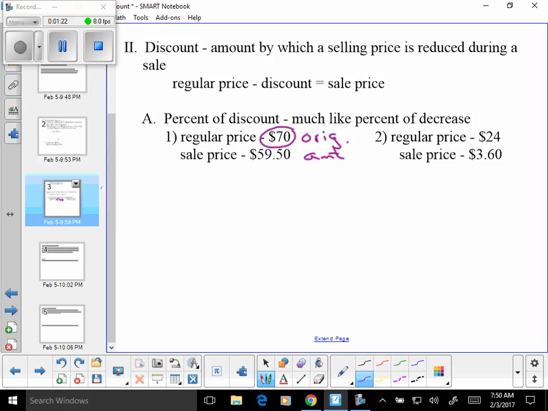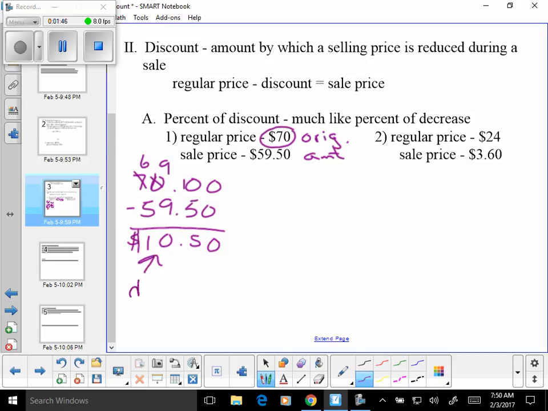Very much like percent of decrease, the first thing we're going to do is subtract. In order to find our amount of discount, you probably have to add some decimal points, a decimal point and a couple of zeros sometimes. Regroup. Now I can subtract: $10.50. This is actually the discount.